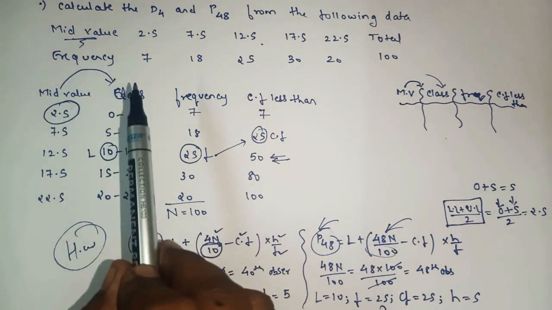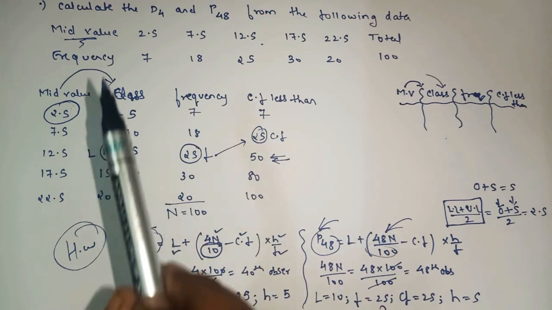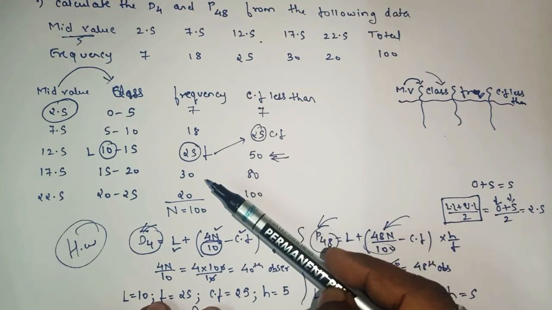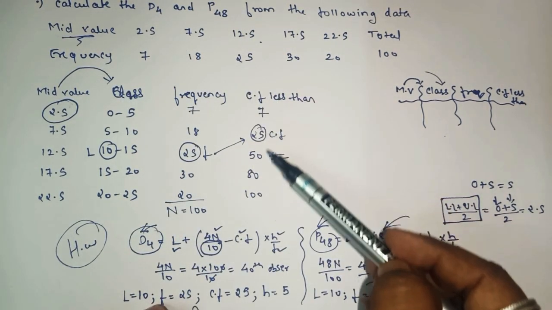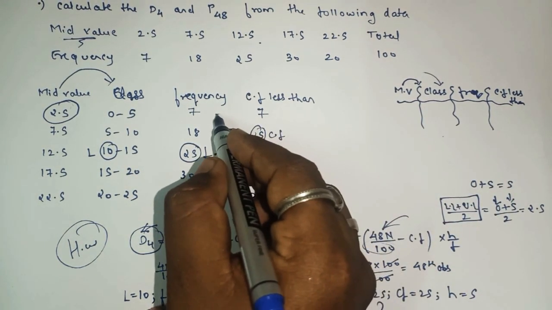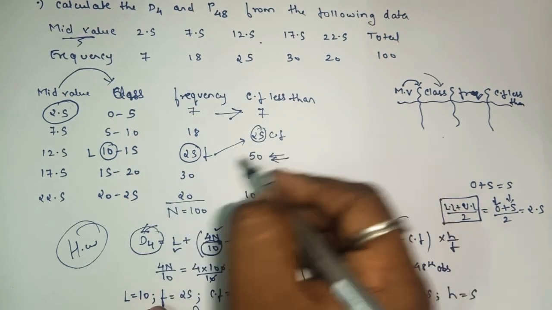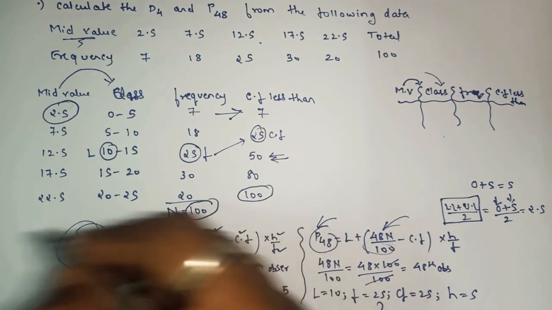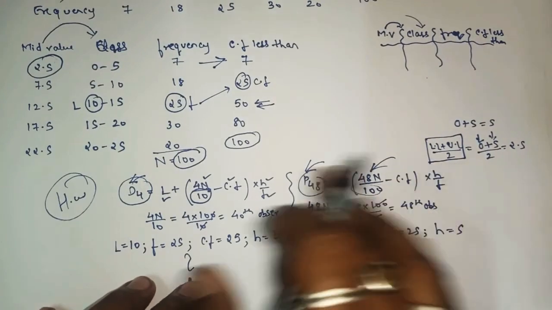After converting this mid value into class, clearly we can see that the class is continuous. When it is continuous, we can proceed with our sum further. Find frequency. Frequency is already given. Then we have to find cumulative frequency, and I hope you all know how to find it. The first number will be the same as it is, then simply go on adding the numbers, and see to it that the last number has to be the same. Then for this sum we have to find D4.